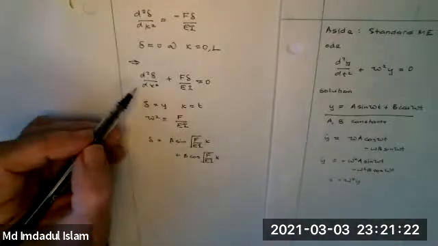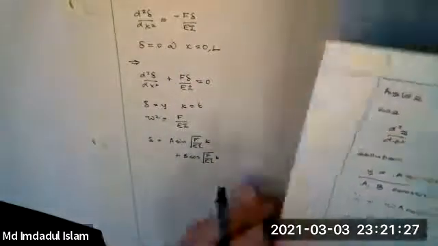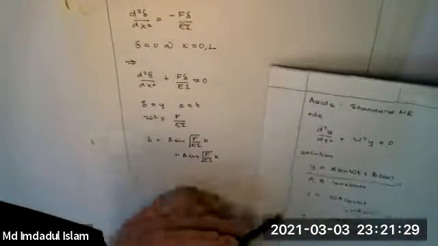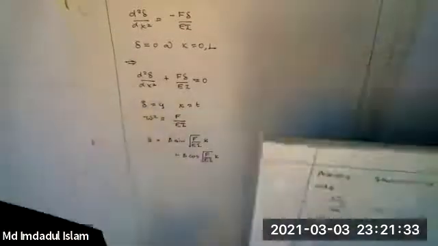So that's the general solution to this. Now we have to apply these end conditions. You could do just exactly what I did: differentiate this twice and stick it back in here, and it would satisfy this equation.